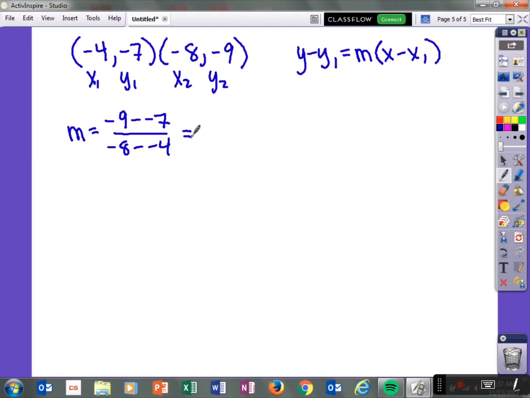Again, you can type this straight into the calculator and it'll do the work for you, or you just press the N over D. It'll even reduce it for you if it needs to be reduced. Negative 9 minus negative 7. Arrow down.